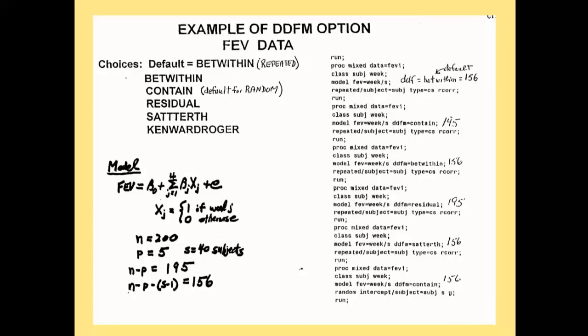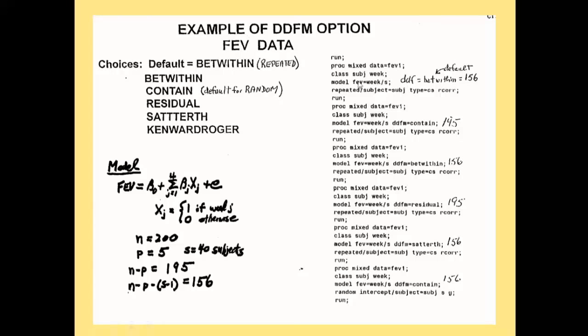The key thing is that DDFM is where in the code you tell the computer what you want the denominator degrees of freedom to be. You write it in the model statement. If you don't say DDFM, there's a default. If you're using a marginal model, the default isn't the residual. The default is something called between within.